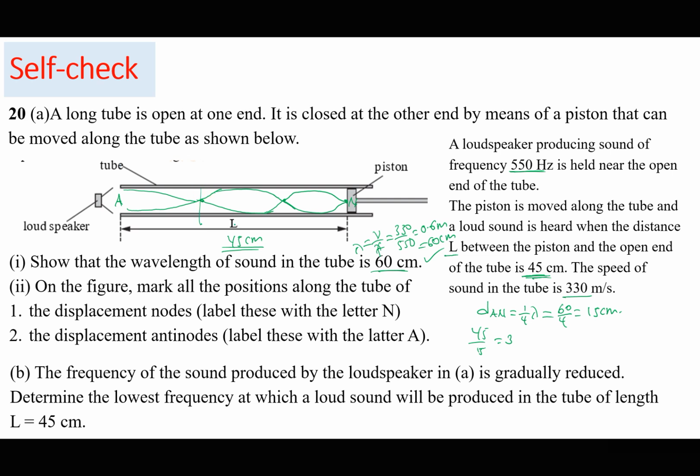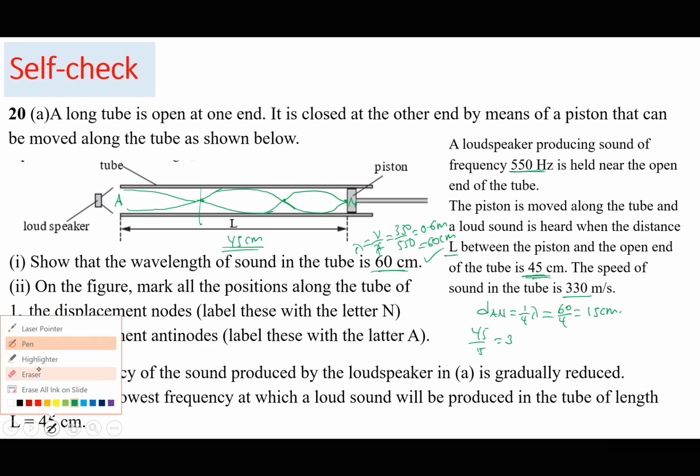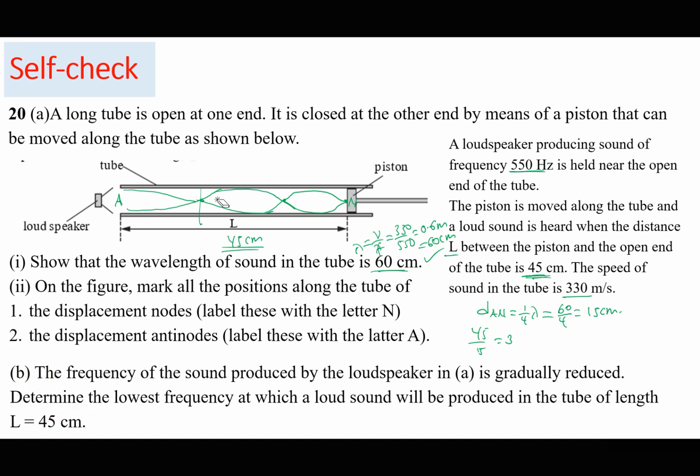This is a quarter cycle. No, this is not going to be correct, because the distance between a node and an antinode is going to be 15. So this is not going to be true.